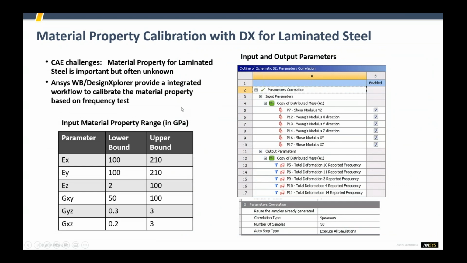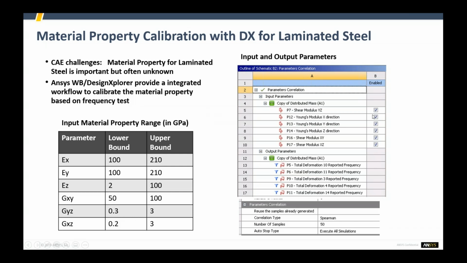There are some CAE challenges for material properties, especially for laminated steel. It is important, but often unknown. So Ansys Workbench or Design Explorer provides an integrated workflow to calibrate the material property based on your frequency test.